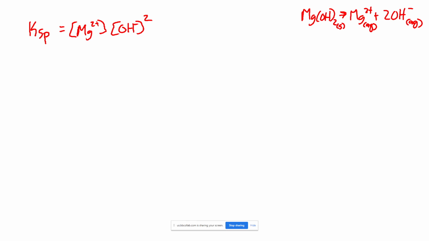So that should be pretty comfortable for you. So if we're trying to find KSP, we need this. That means we also need these. We need the concentration of magnesium, and we need the concentration of OH-. But we're not given either of those in the data. Instead, we're given the pH.